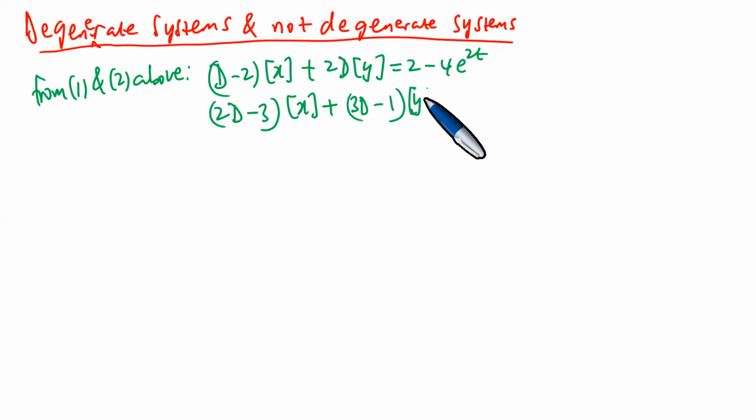You have the operator on y, which is 0. Let's look at this particular system here and comment on the nature of this particular system.